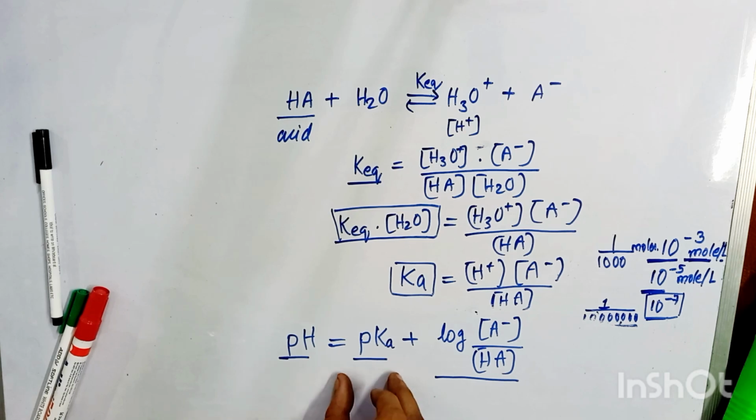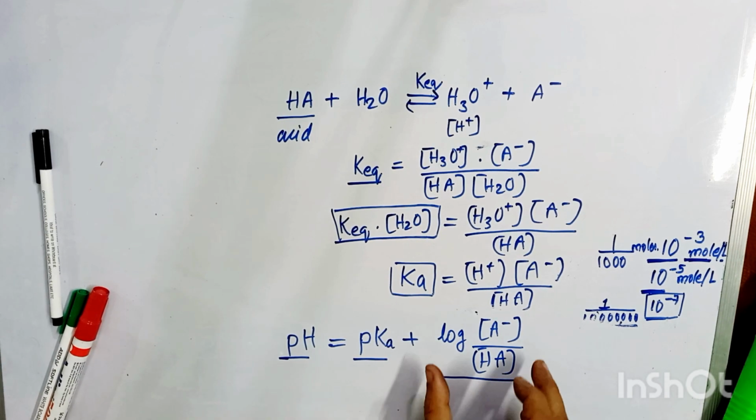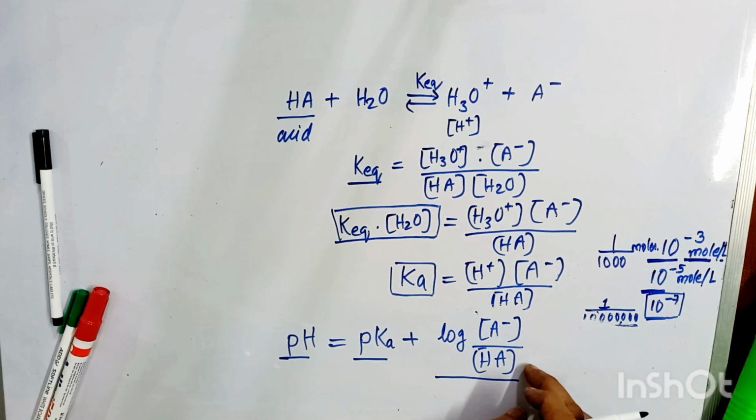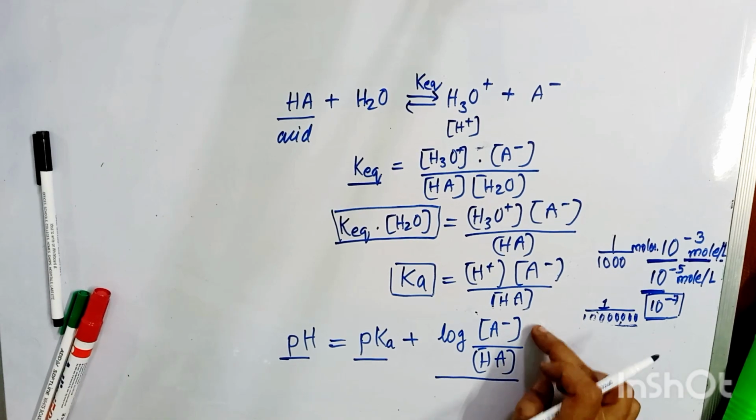The pKa value of that hydrogen is the pH at which that molecule will remain in its dissociated and undissociated form in equal amounts.